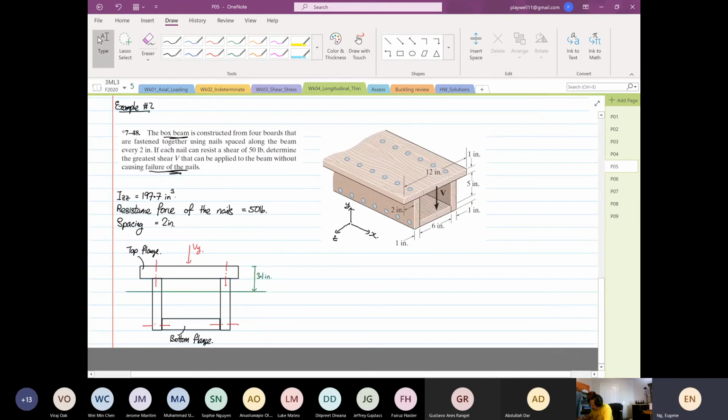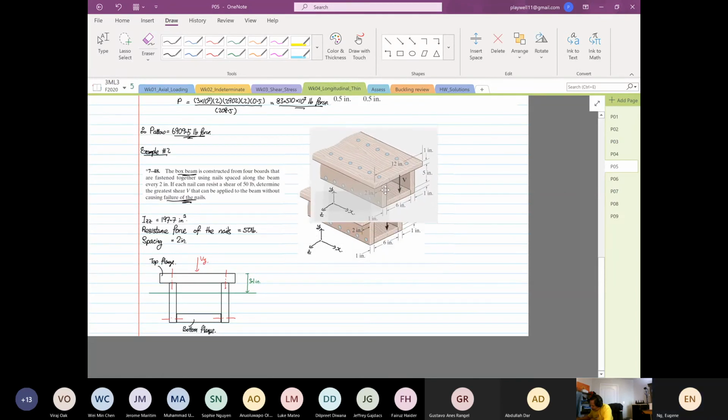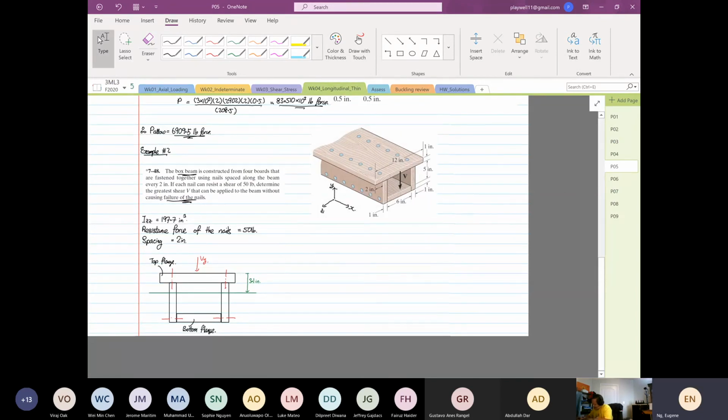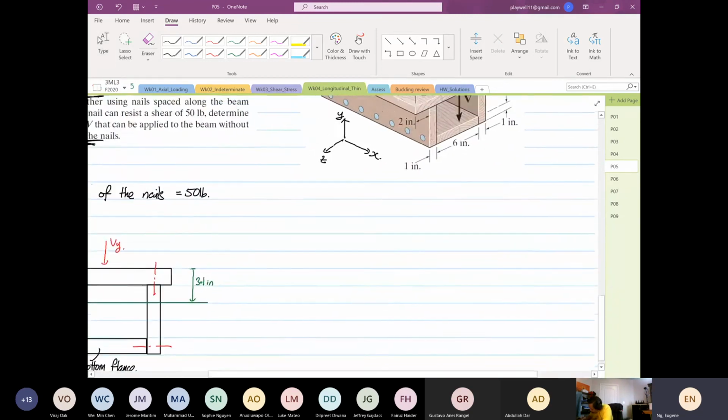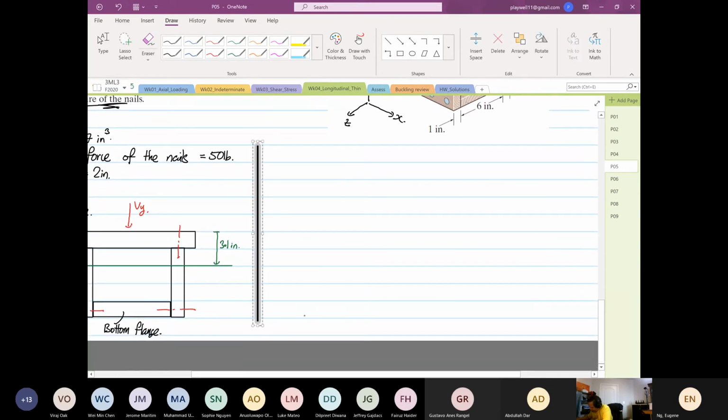Let me see if I can move this figure a bit upwards so I have more space. Okay, Q. So Q is equal to the resistant force of nails divided by spacing.